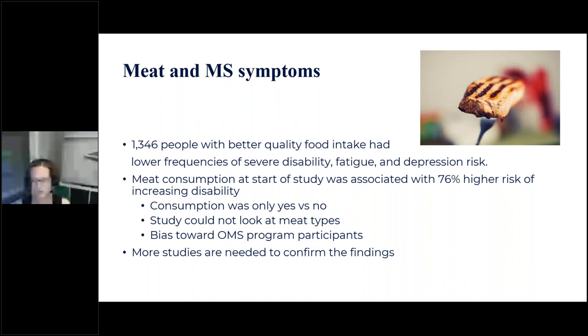We need to do a lot more work in a non-biased sample to work out some stronger associations in this space. But it's showing that there's a strong feeling in the MS community, which is one of the reasons why I've jumped straight into meat and dairy. I guess they're the two most controversial areas when we're talking food and MS.